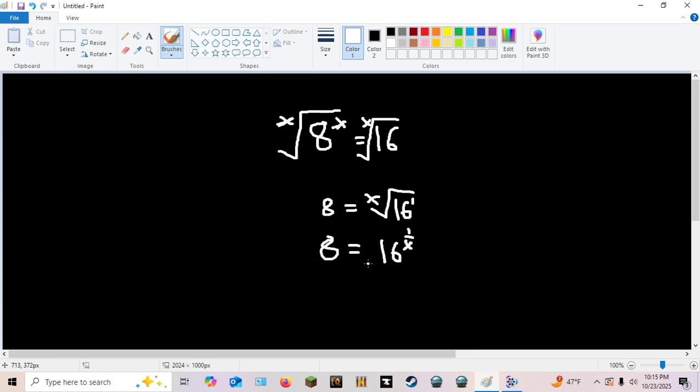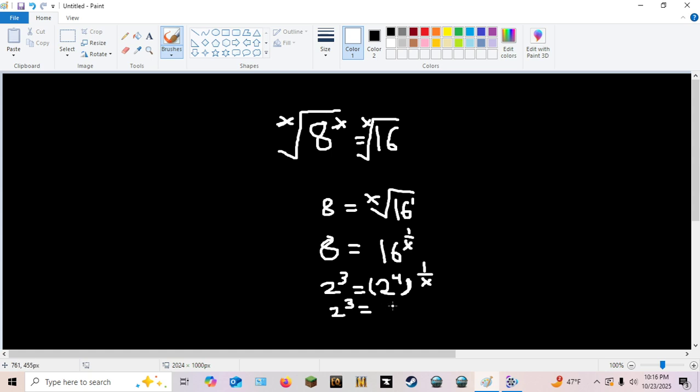So 8 is equal to 16 raised to 1 over x. Now 8 is 2 cubed, right? And 16 is 2 raised to the 4th power. Now, you've got to write parentheses and then 1 over x. Remember, we multiply the exponents. So 2 cubed is equal to 2 raised to 4 times 1 over x, which is 4 over x.